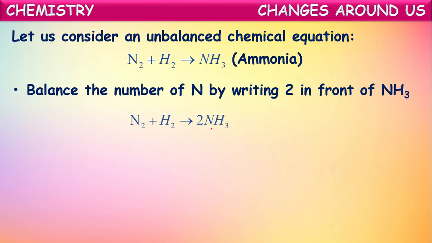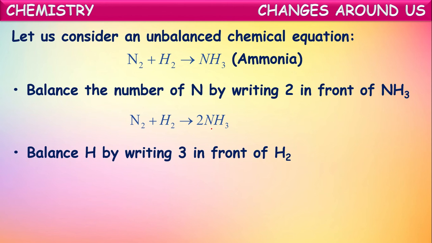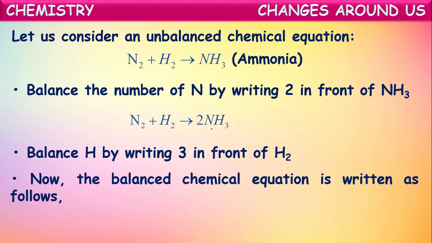Let us balance hydrogen atoms by writing 3 in front of the hydrogen symbol on the left hand side. What happens here? Now the balanced chemical equation is written like this: N2 plus 3H2 gives 2NH3. If you observe once, atoms of all the elements are balanced on both the sides now. Now this equation is said to be a balanced chemical equation.